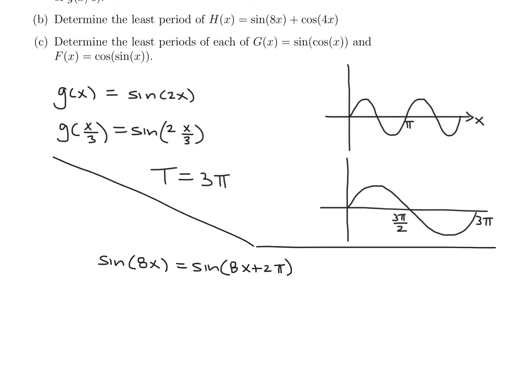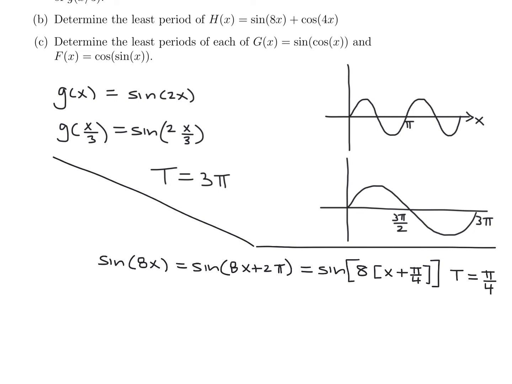Because the graph has a least period of 2 pi, and then we can factor out the 8, and that would give me x plus pi over 4, like that. And therefore this is a least period of pi over 4.